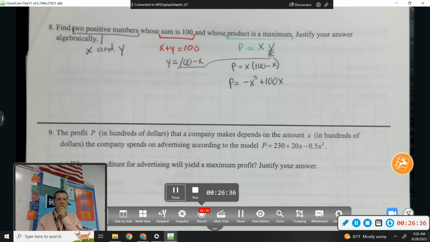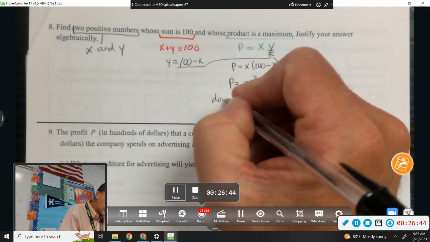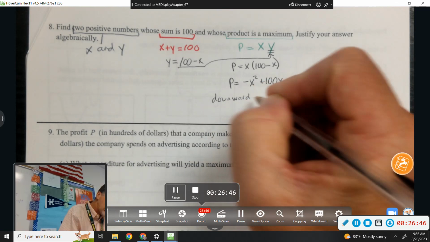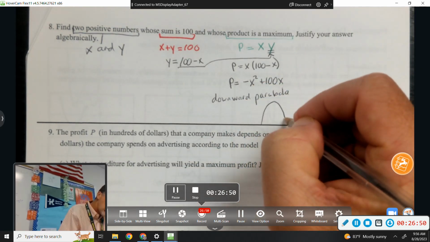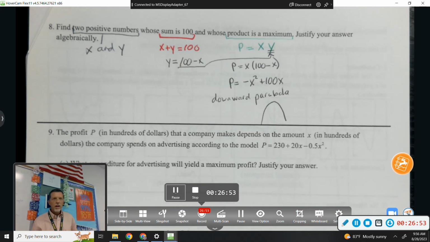Okay, so what shape would that make if I graphed it? So that's a downward parabola. Downward parabola. And I'm looking for the maximum.